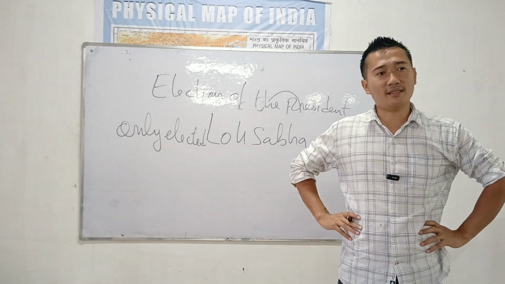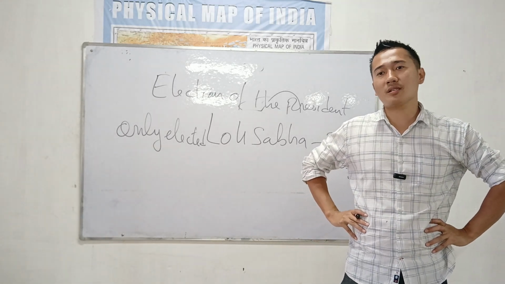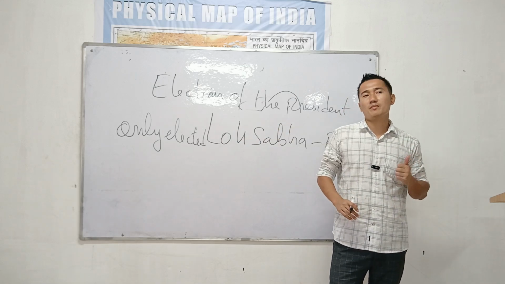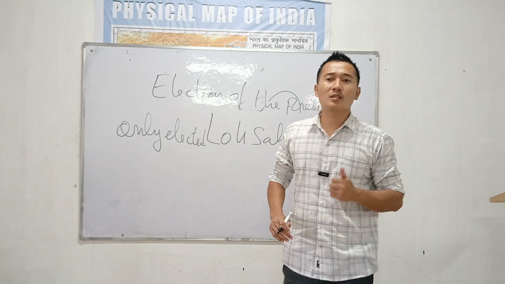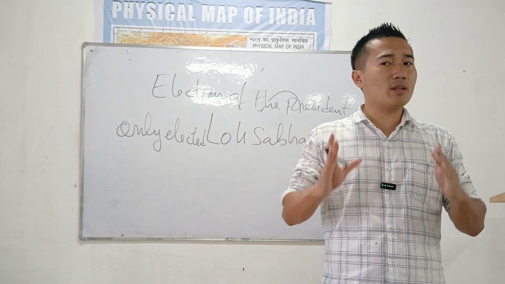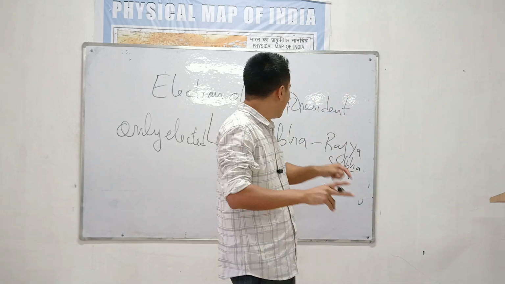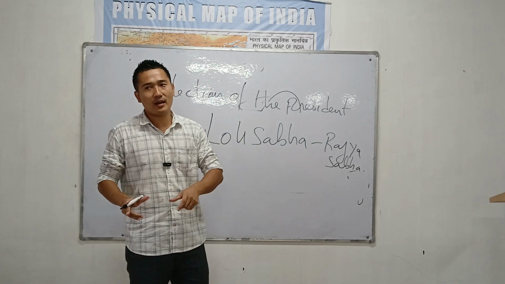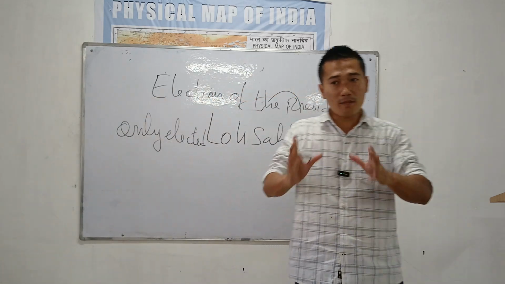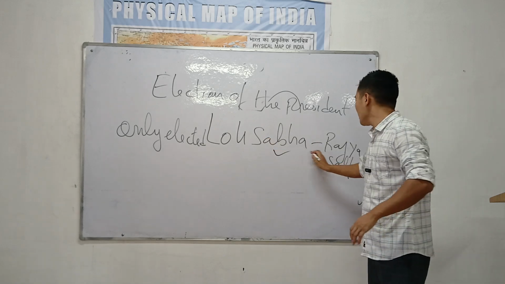Only elected, not the nominated members. Because Rajya Sabha consists of 250 members, but 12 members are nominated by the President of India. So nominated members will never participate in the elections of the President of India, either in the Lok Sabha or in the Rajya Sabha. Only the elected members of Lok Sabha and Rajya Sabha.